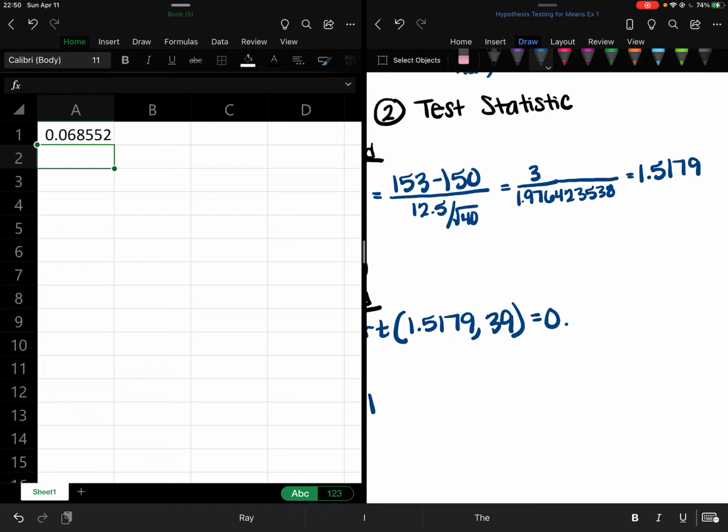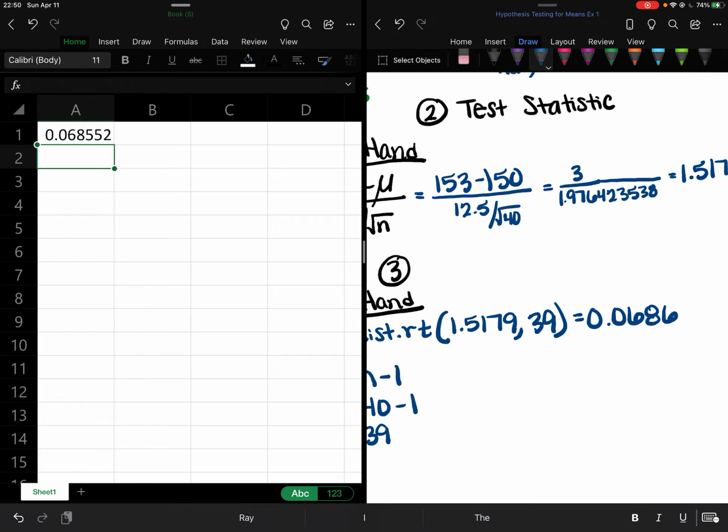And we get 0.0686. We don't need a comma true at the end like we do with the normal, because Excel knows that we want the probability of everything above this. We don't want just this probability when we're doing the .rt.